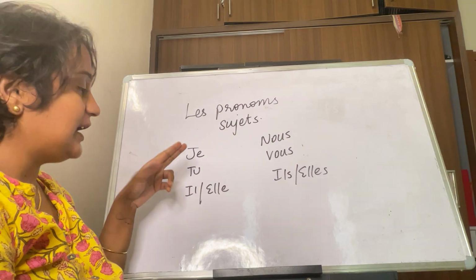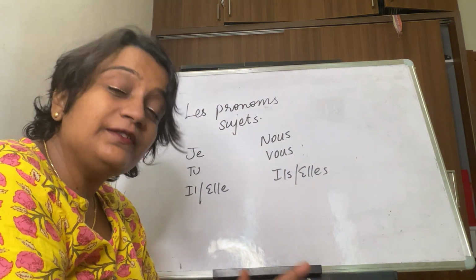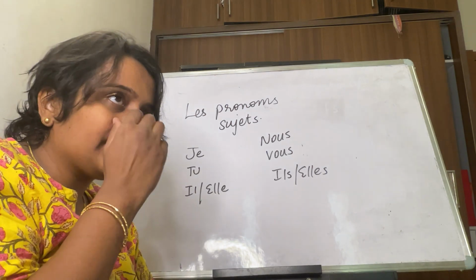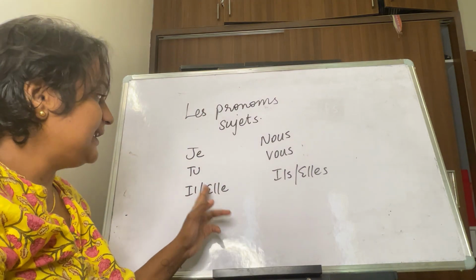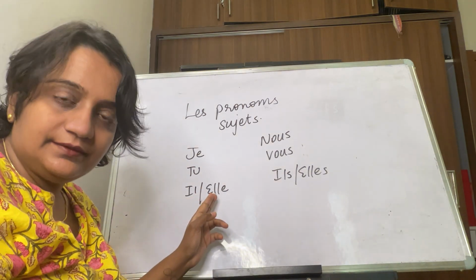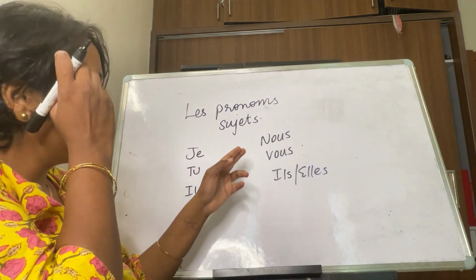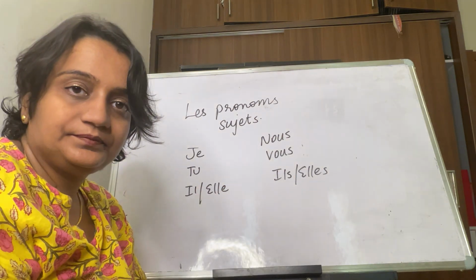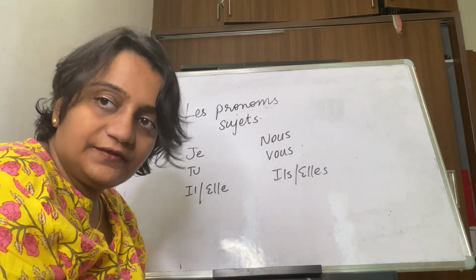So je, I. Tu is you singular, used in an informal context when you're talking to friends your age or someone younger than you. Il, he; elle, she. Il is actually he, she, it also. We don't have an it in French.